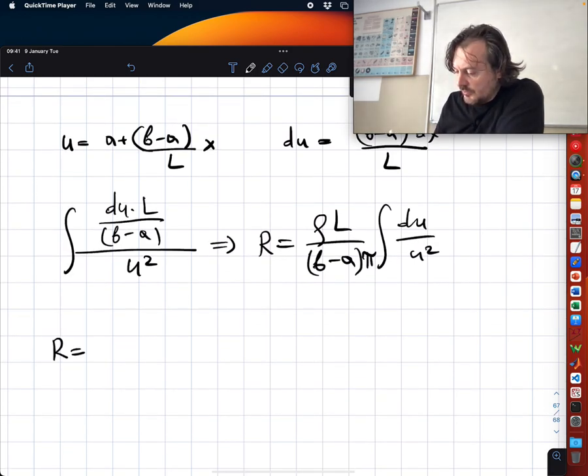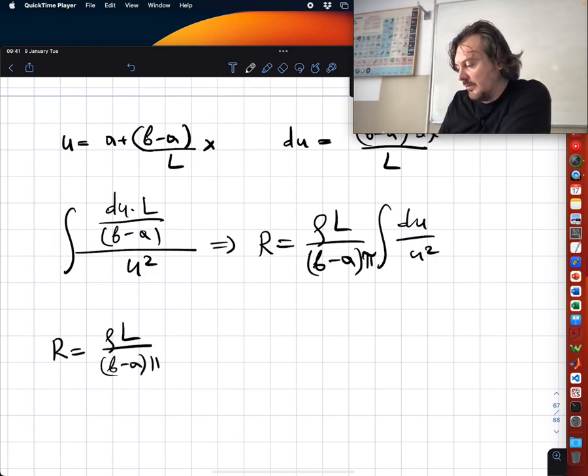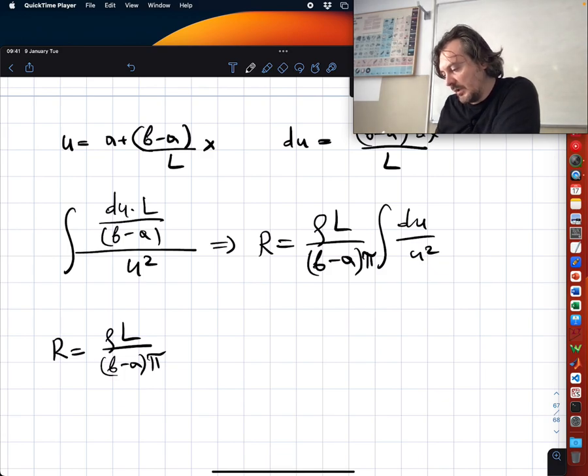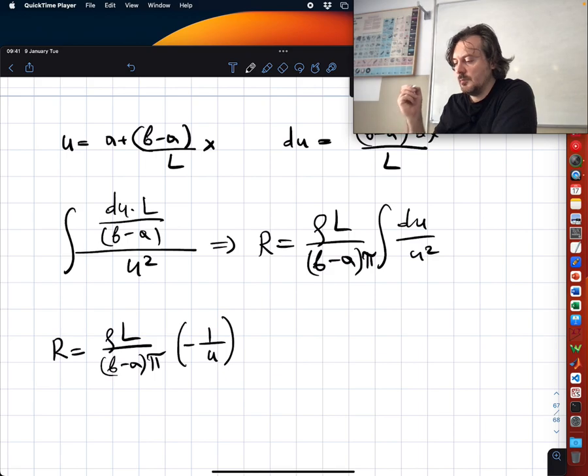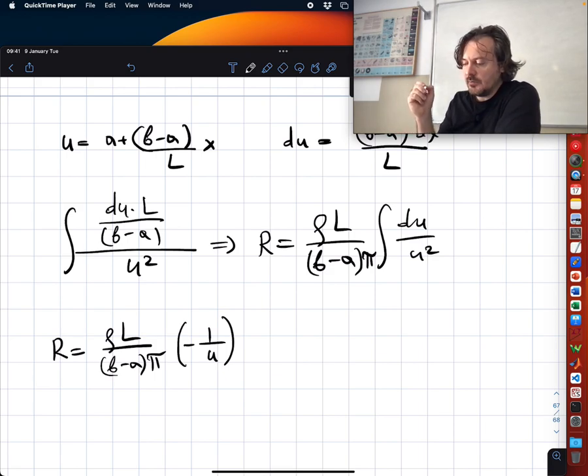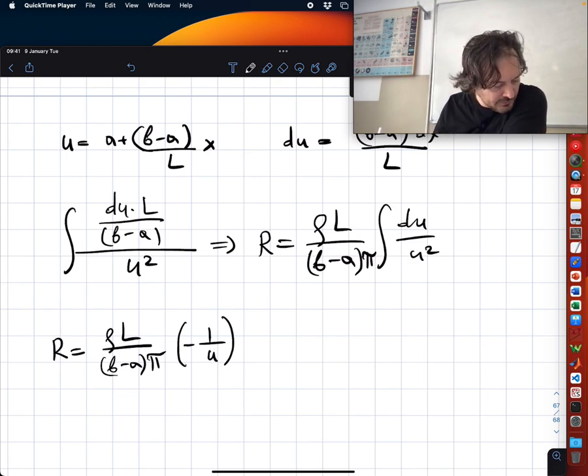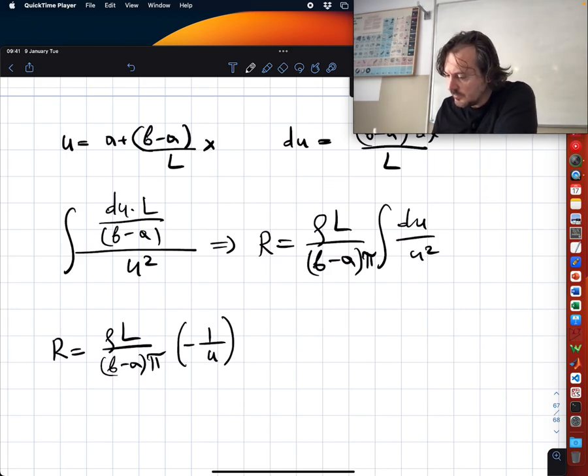R is equal to, I'm going a bit faster because this is an integral and it's a bit boring, right? So minus 1 over u. Did I make a mistake while trying to go fast? No, I didn't. u itself is changing between A and B, right? It's better to put u from A to B. So I go from A to B.